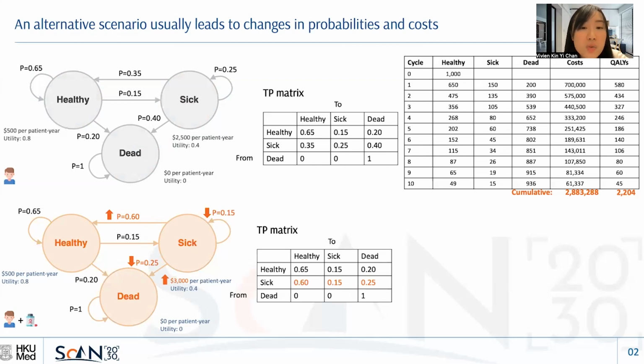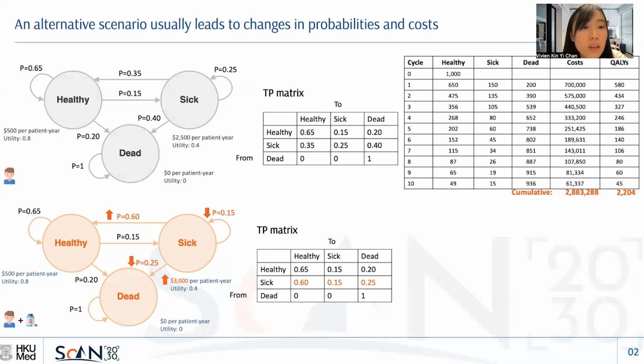So here, let's assume that in this scenario, the probability of sick patients becoming healthy again is increased to 60%, and the probability of dying is decreased to 25%, and they have only a 15% chance to remain sick in the coming cycle.